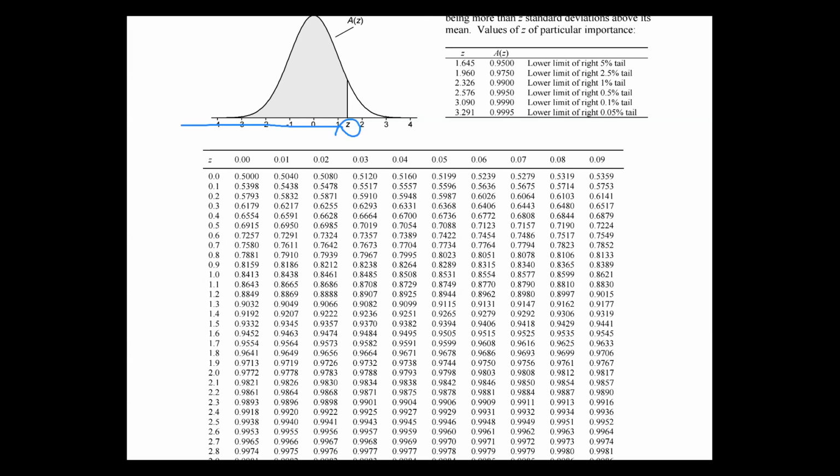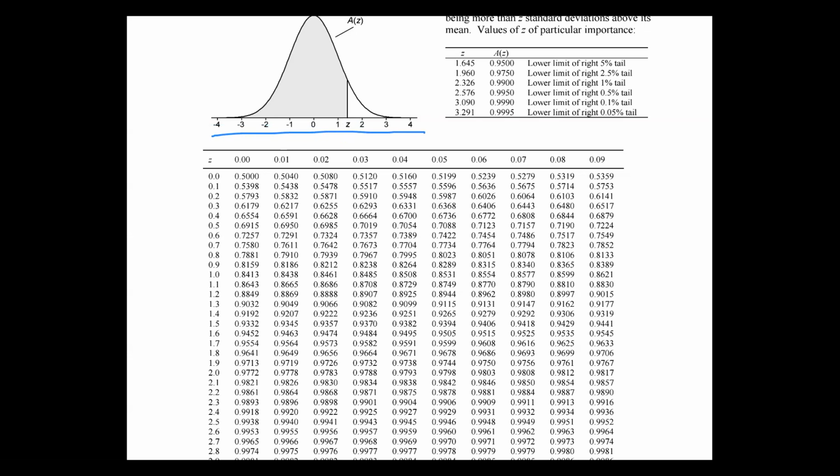Listen. Number one, you assume that the whole area under this curve is 100%. In short, it is 1. The total area is 1.